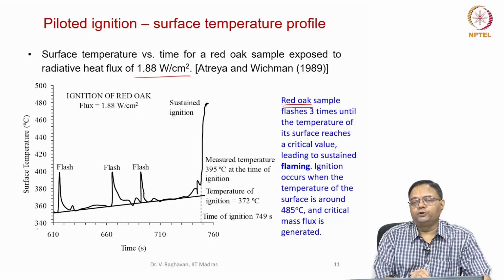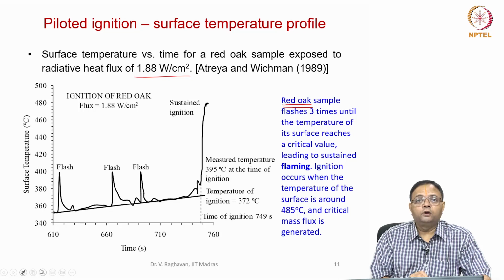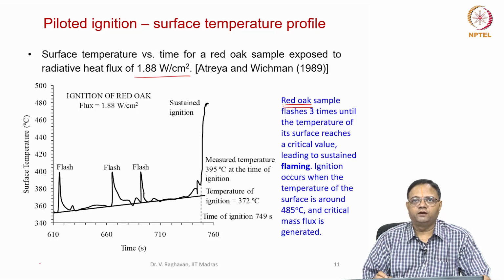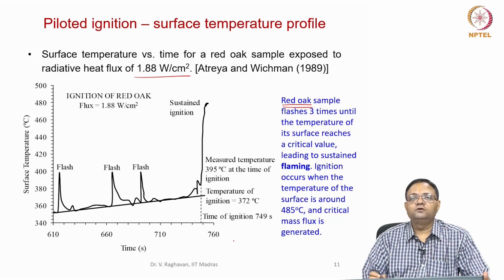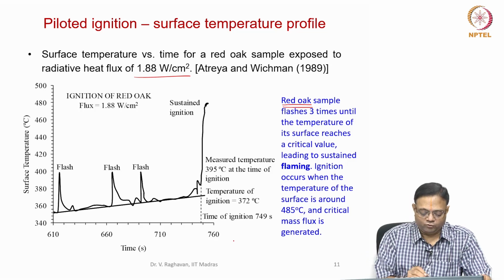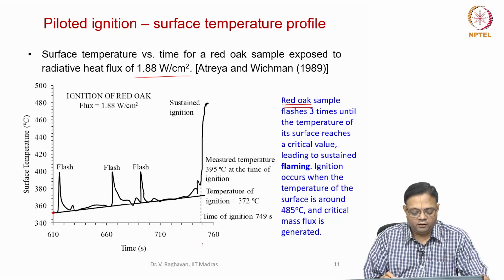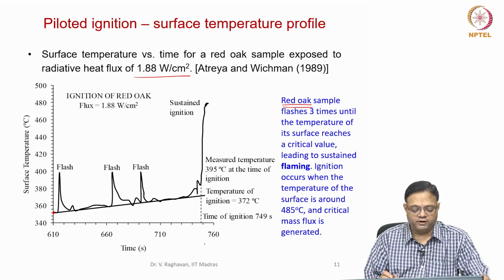As I told you, the temperature of the wood sample should be above 350 degrees centigrade to cause volatile release, so there is no point in looking at temperatures below this. Let us start from the time instant where the surface temperature has reached 350 degrees.